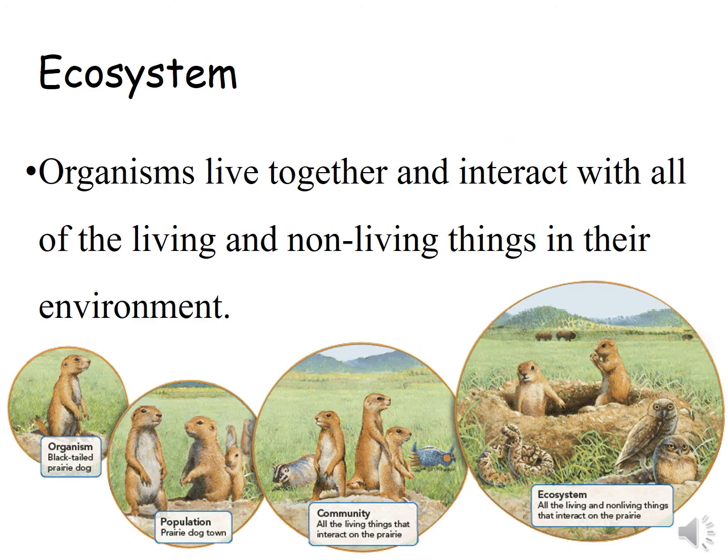We will spend a lot of time over the next few weeks talking about ecosystems and biomes. So let's start with ecosystem. An ecosystem is the organisms living together and interacting with all of the other living and non-living things in their environment.